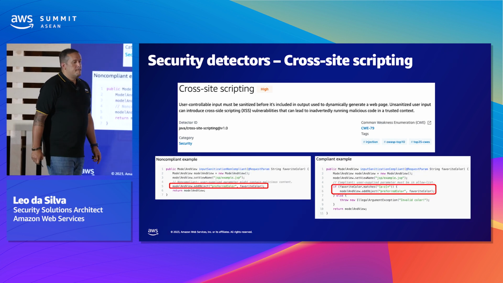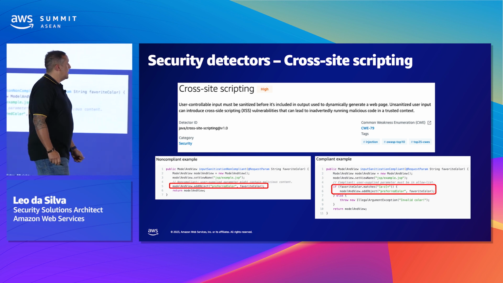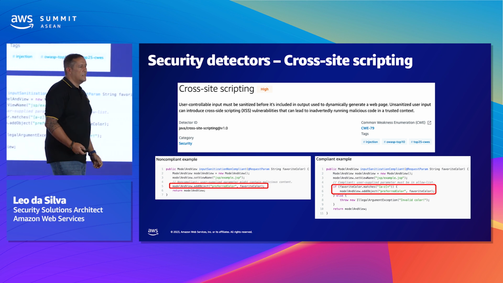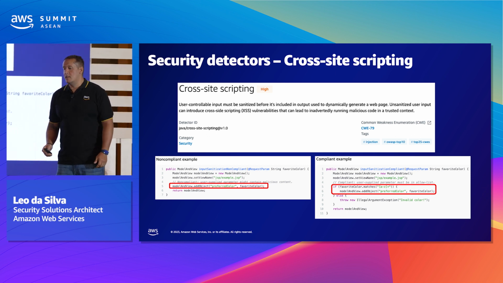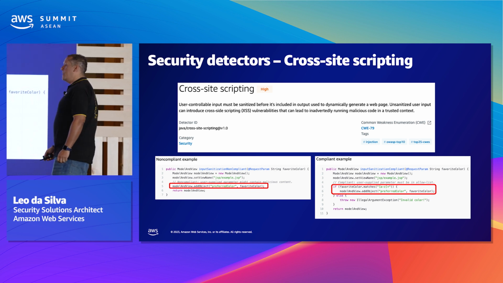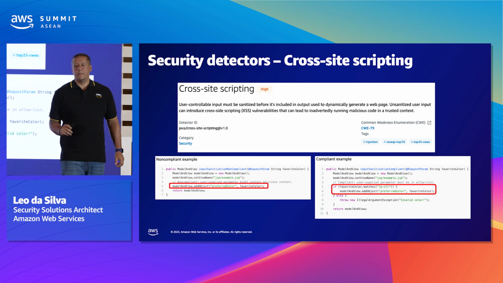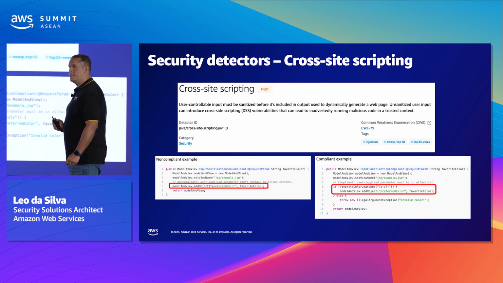Another example that's quite interesting: cross-site scripting. Again, quite common. Unfortunately, it's still too common these days. On the left side here, we have another example of user input not being cleaned before it's used by the function.